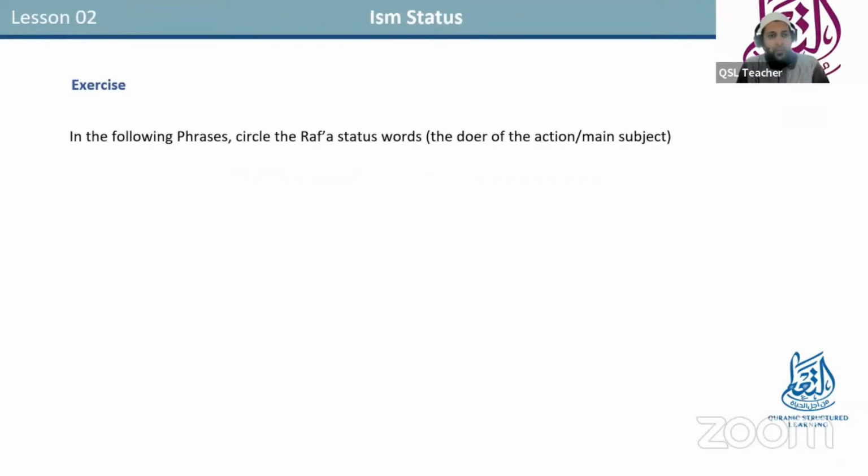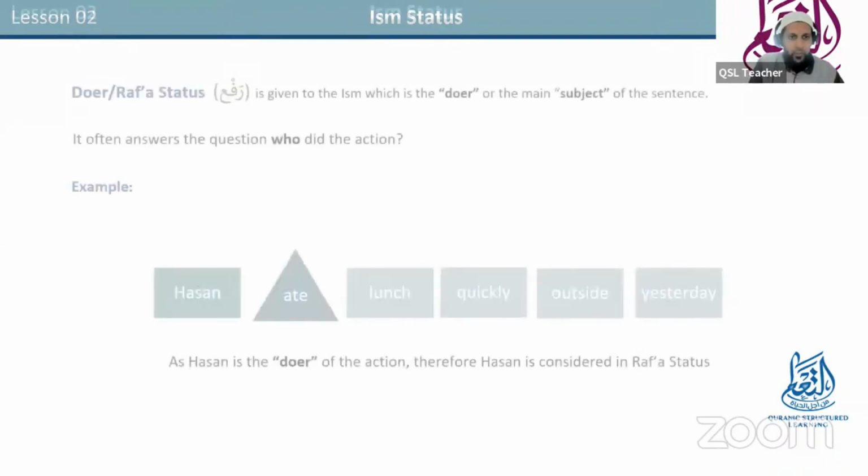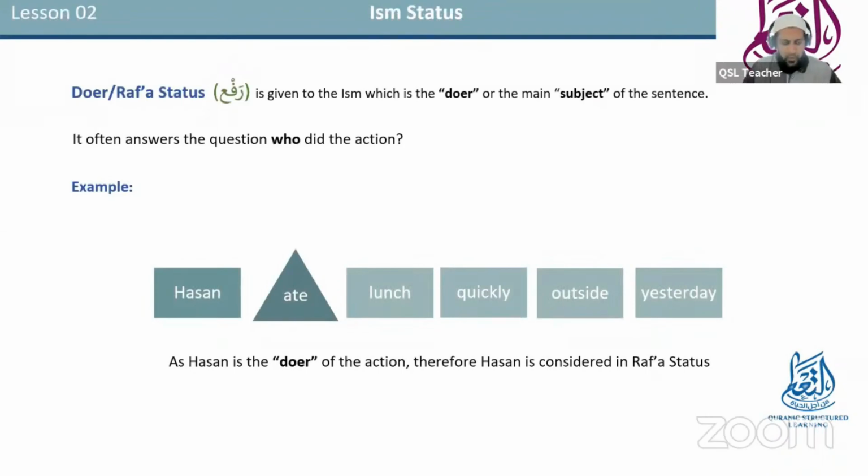Before I do the Quranic examples, let's just give some more English examples. I think that would be more pertinent. So if I was to write, he buys chocolate.